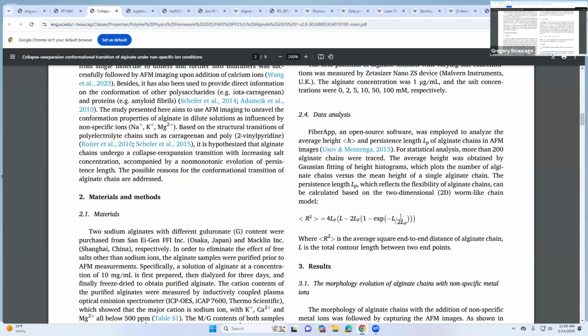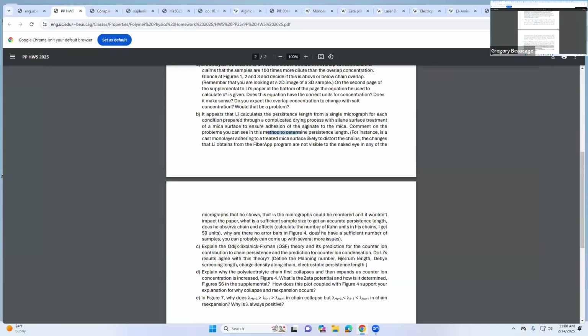The Lp isn't the same number in 2D as it is in 3D. No matter, even if the equation's right for a 2D chain confined to a plane, the fact that it's confined to a plane increases the persistence. It has to, because it doesn't have 3D to roam about with. So basically, there's a little bit of a problem with that.